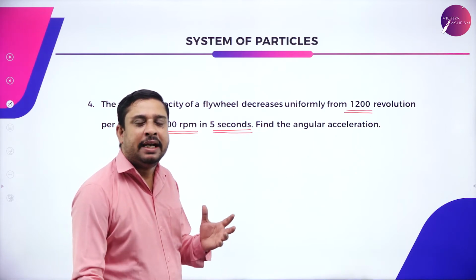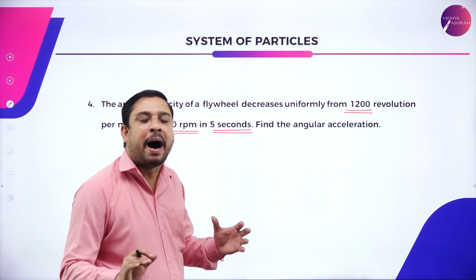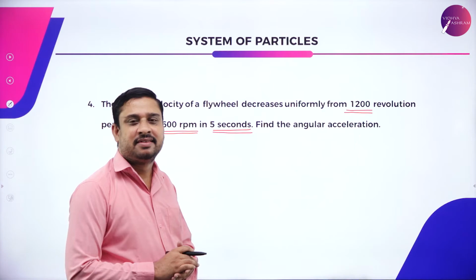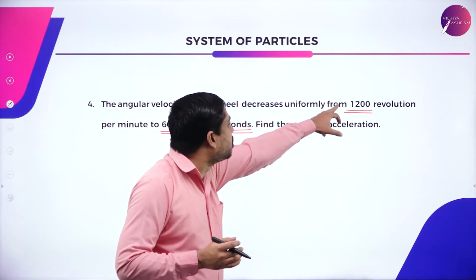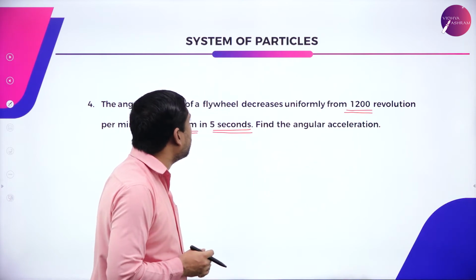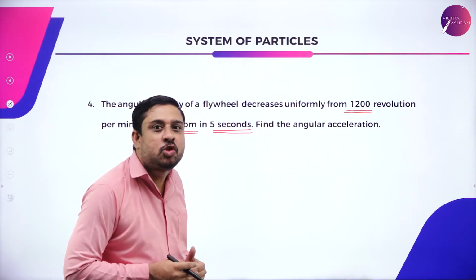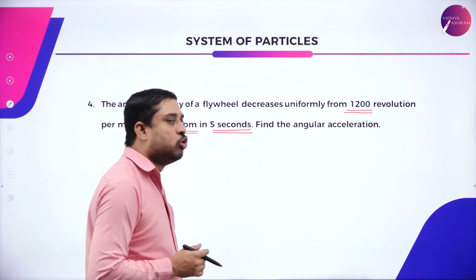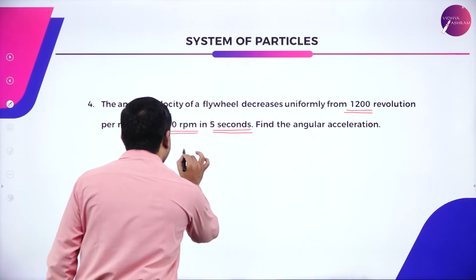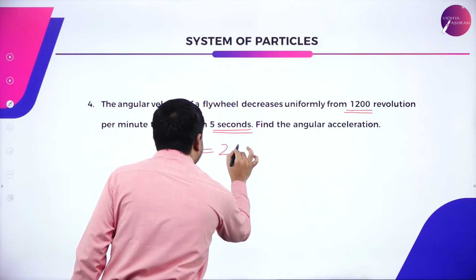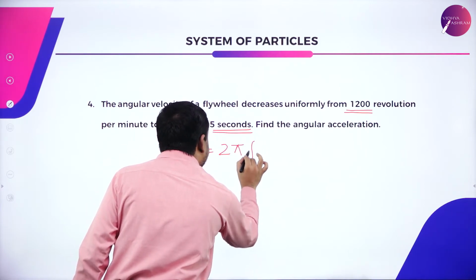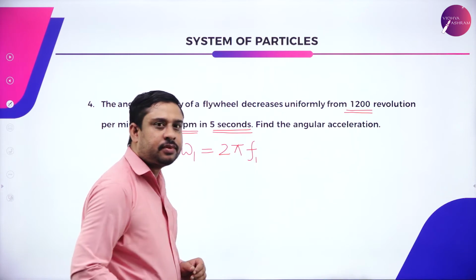By now, it has to be by heart for all of you. Very simple. So initially, 1200 revolutions per minute. So omega 1 is 2 pi f1.